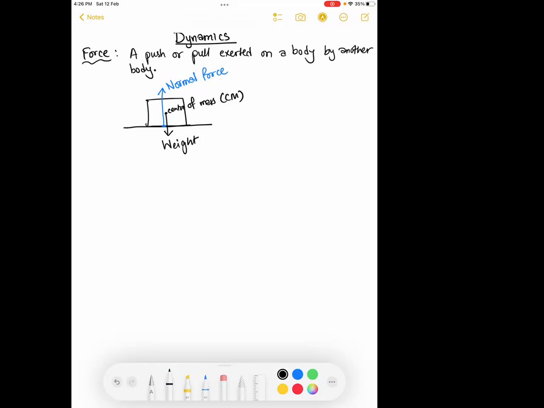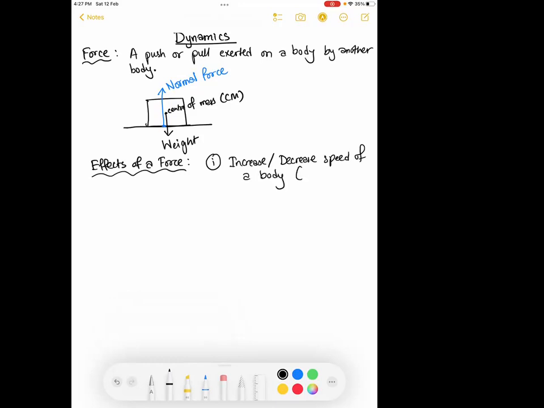Now what happens when we exert a force on a body? Effects of the force. One thing can happen, that is, it can increase or decrease the speed of a body.